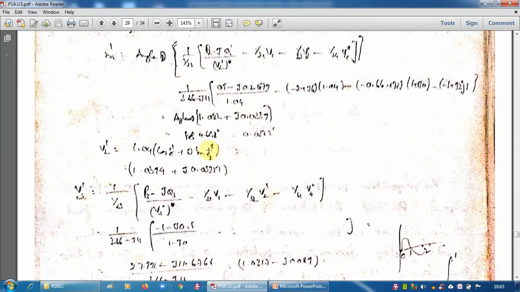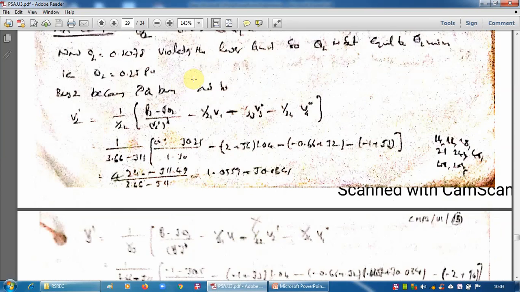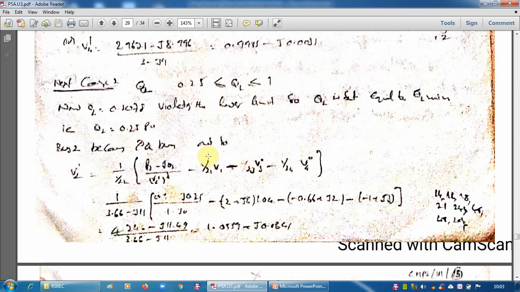If that is the limit, the calculated value of Q2, which we just now calculated, is 0.2079. Now if the minimum limit is 0.25, what does it represent? Our calculated value is 0.207, which is less than this limit, outside the limits, less than 0.25.